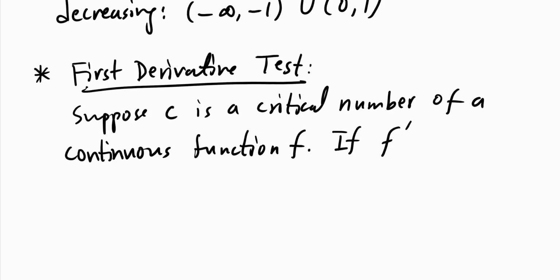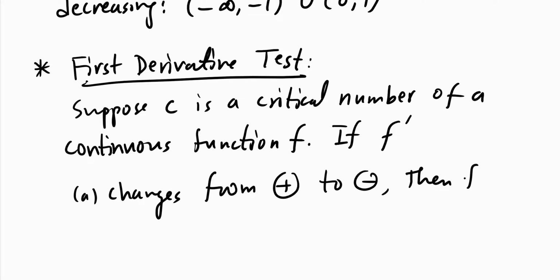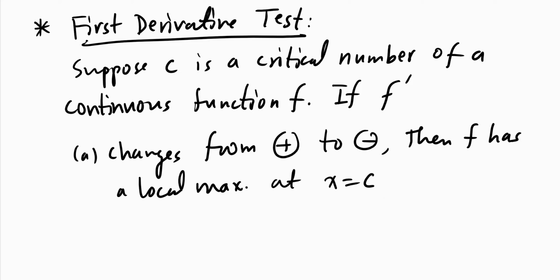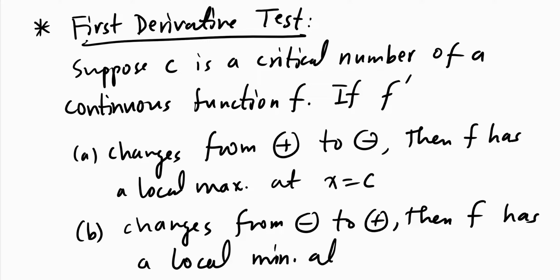If f prime changes from positive to negative, then f has a local maximum at x equals c. And I'll explain what that means. B, if it changes from negative to positive, then f has a local minimum at x equals c.